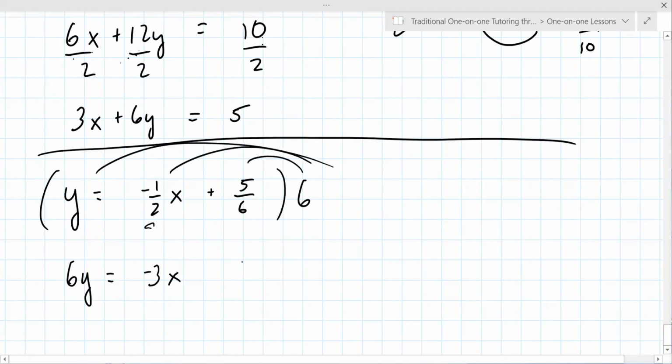You're multiplying by 6, aren't you? Oh, okay. 6y. So 3x plus 6y equals 5.